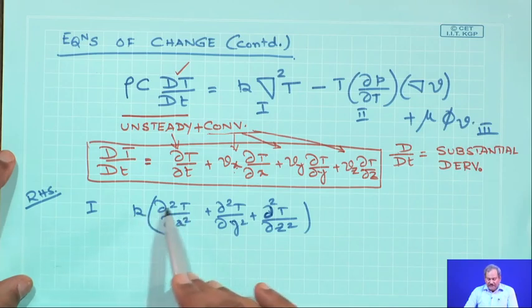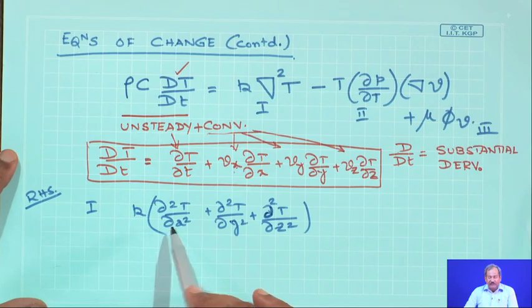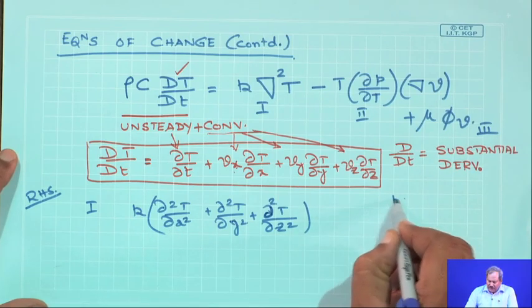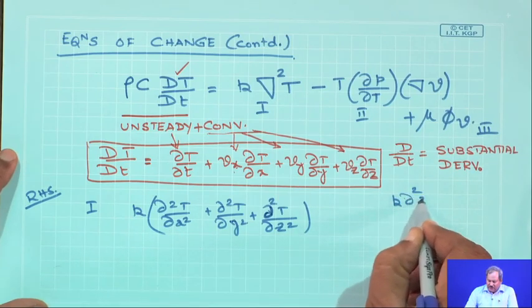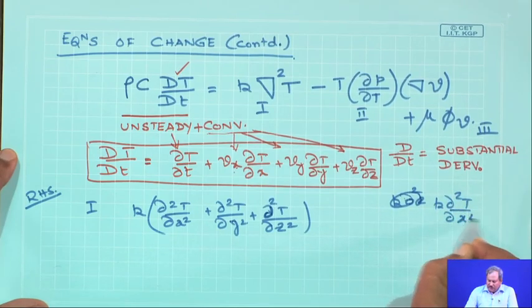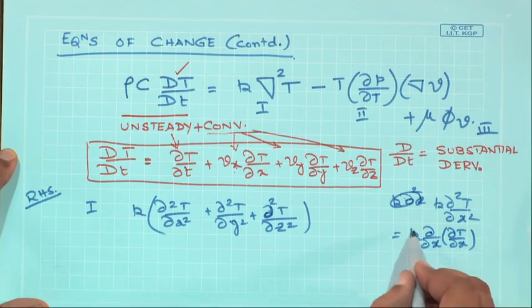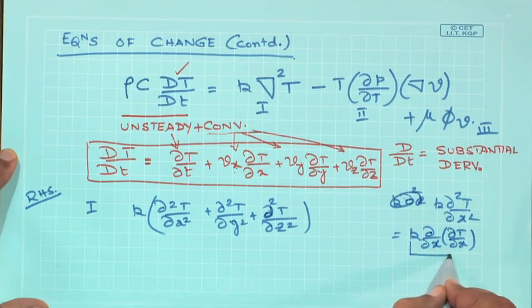So k del squared T by del x squared is nothing but the gradient in the heat flux, because you can write k del squared T by del x squared as k times del by del x of del T by del x, and you can bring this k in here.